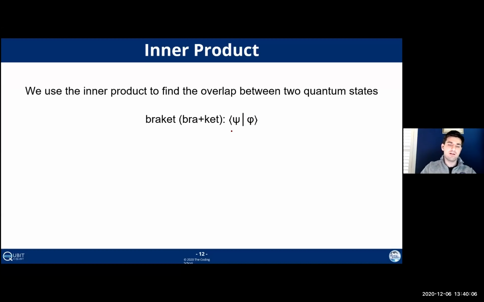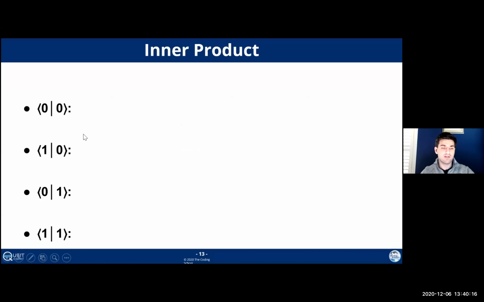So let's look at an example. Actually, we're going to have plenty of examples on the next slide, so let's just go with that. Let's try to do these one by one, and I'll get us started by doing the very first one. Here, it's as if I have the bra of 0 times the ket of 0.